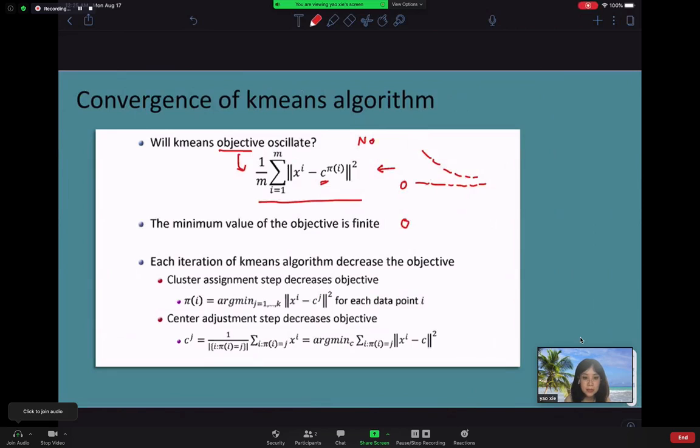Because of that, there is some theory in mathematical analysis that guarantees your algorithm is going to converge in a finite number of steps. It's going to converge for sure. And then because you have only a finite number of combinations, which is a large number, k raised to the power m, it still is a finite number, so you will converge in a finite number of steps. Okay, so this bullet point explains further why each iteration will decrease the objective function.